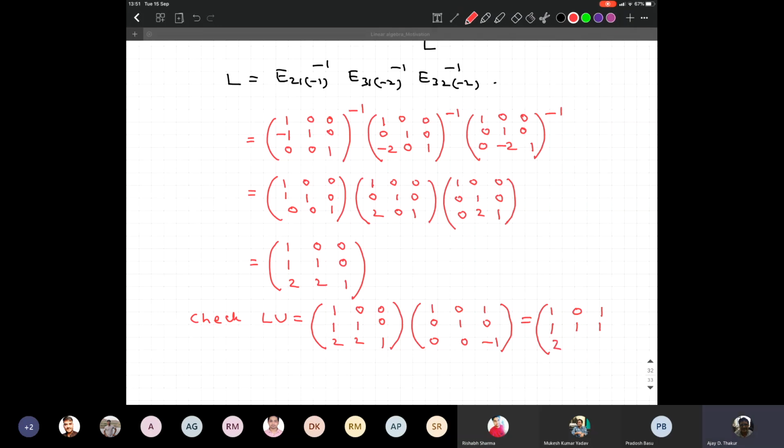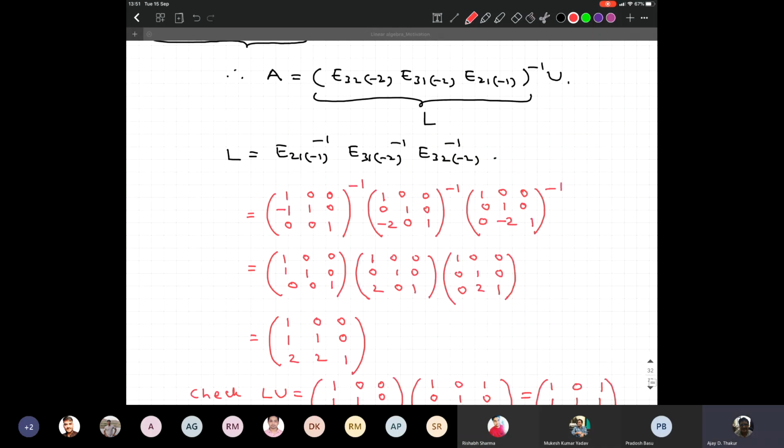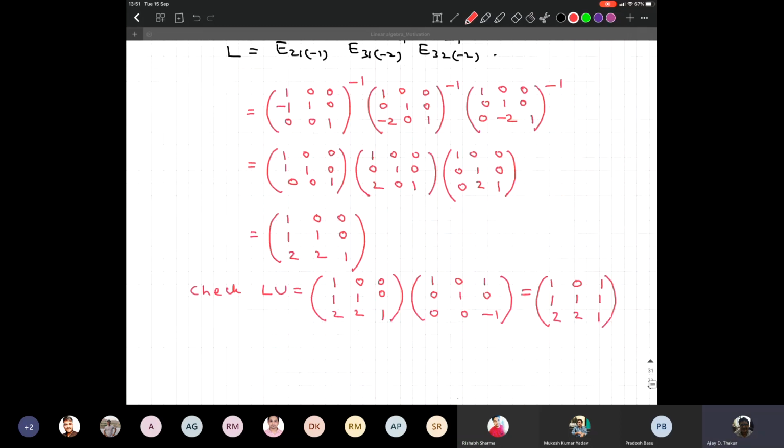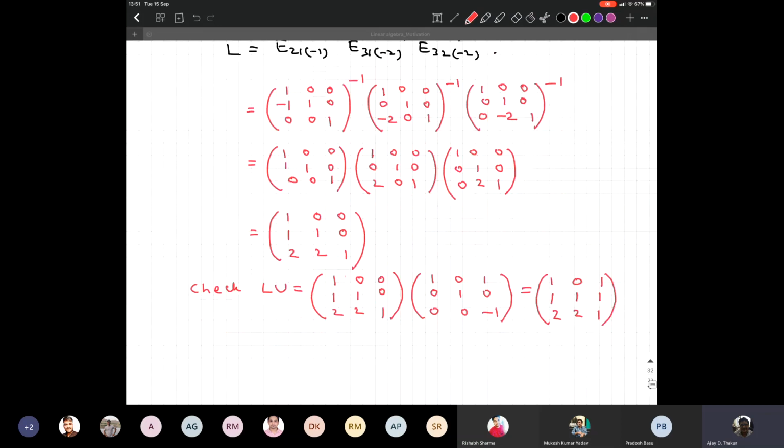Then it is 2 again. And then this is going to be 2 minus 1 is 1. So you have 1 0 1 1 1 1 2 2 1. So that is what was our A. Therefore this is equal to A, and we have implemented LU decomposition.